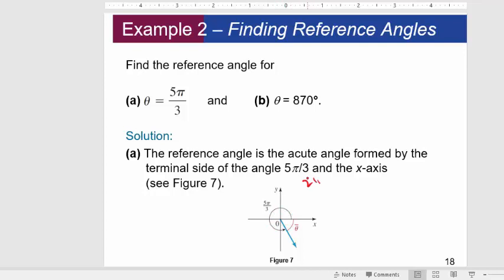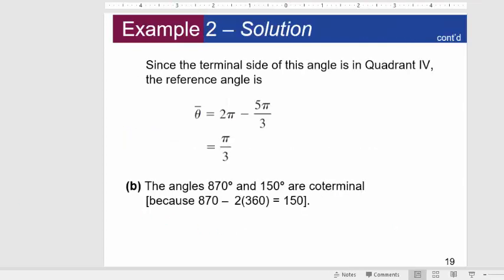So it's going to be 2 pi minus 5 pi over 3, which is going to be 6 pi over 3 minus 5 pi over 3, right? We're just getting a common denominator. So the reference angle here is going to be pi over 3. Right. And again, why did I use 2 pi instead of 360? Because I was dealing with radian measure and not degree measure.